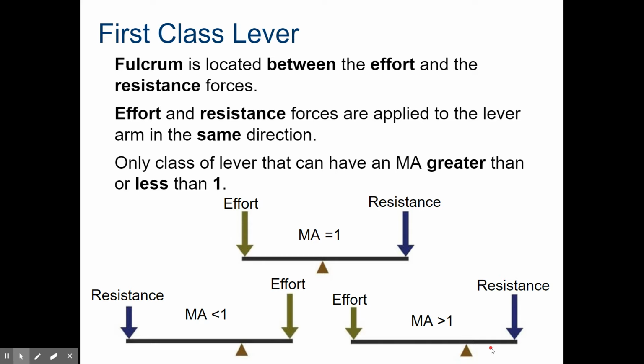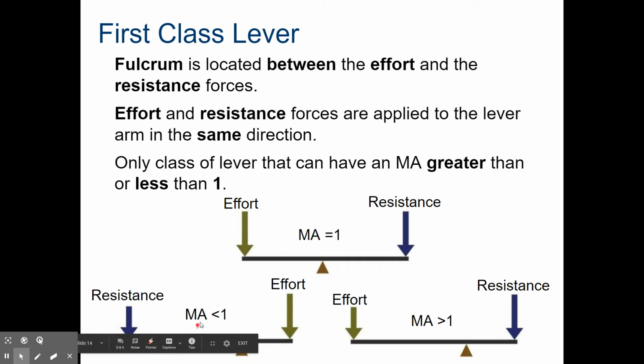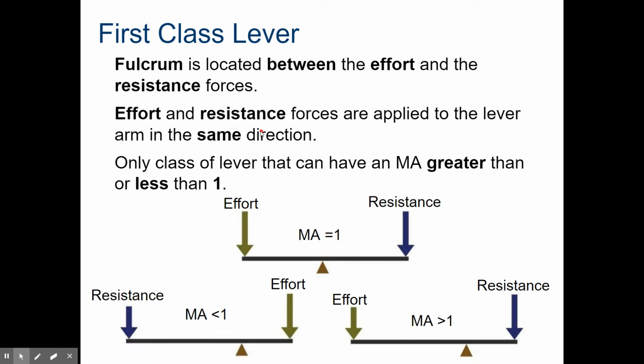It's going to require less effort to lift that resistance. But on the other hand, if your fulcrum is closer to the effort, your mechanical advantage is going to be less than 1. So it's going to take more effort to lift this resistance load.